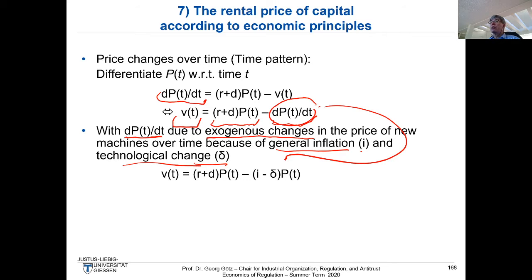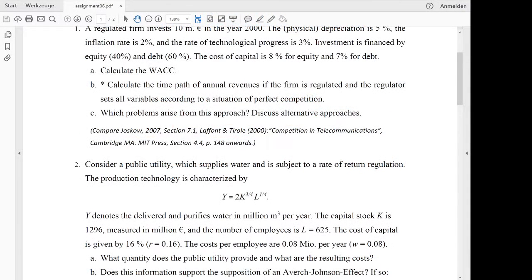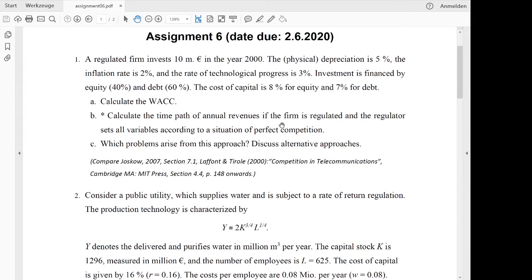I could show you that. I think I just jump there. We have a respective question, if I'm able to find it on my computer. You have this time path where you will have to calculate the time path of annual revenues if the firm is regulated and the regulator sets all variables according to a situation of perfect competition.